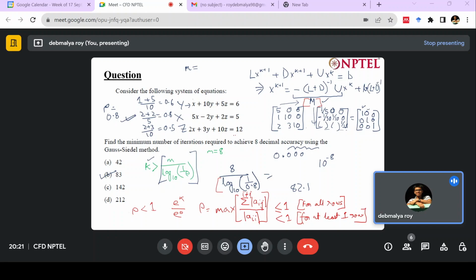To calculate the spectral number itself, we have to calculate these inverses and so on, which makes it much more tedious. However, this is much easier to do. We simply sum the coefficients and divide by the diagonal coefficient, and we get our spectral radius. So that is how we got the 0.8 value. Okay, is it clear?